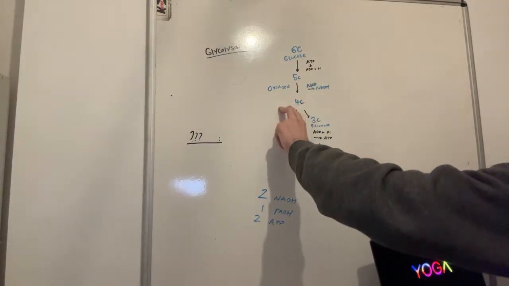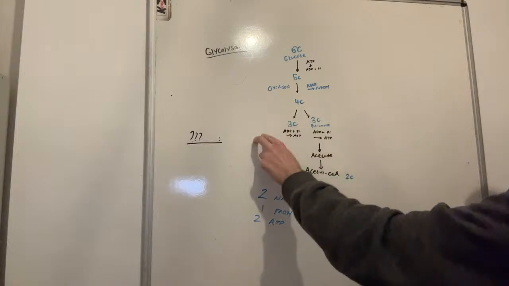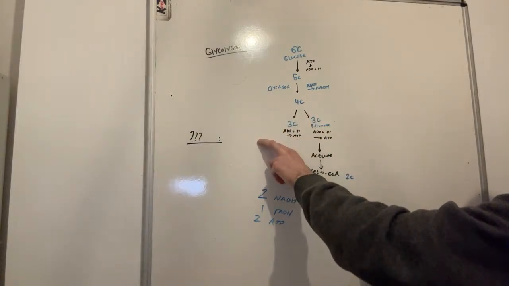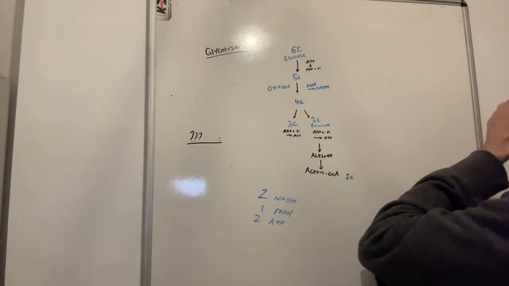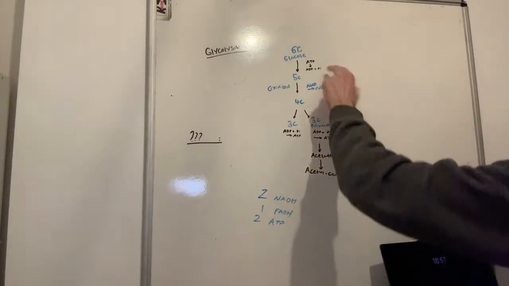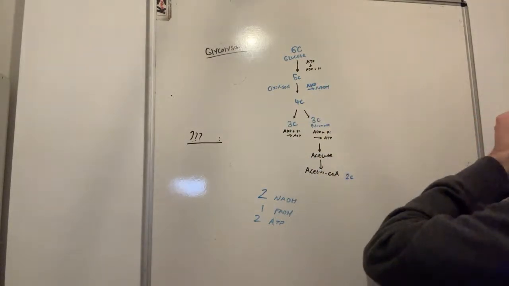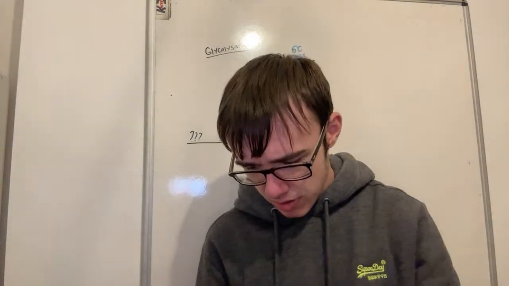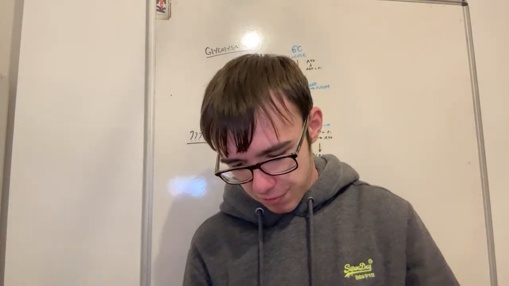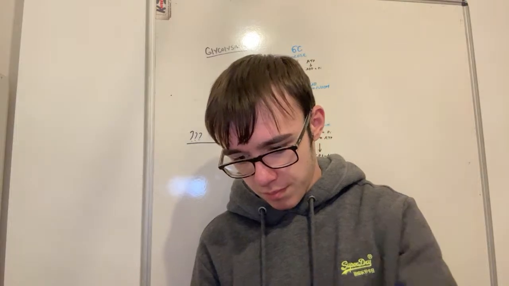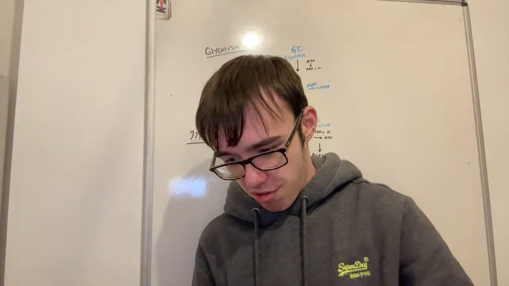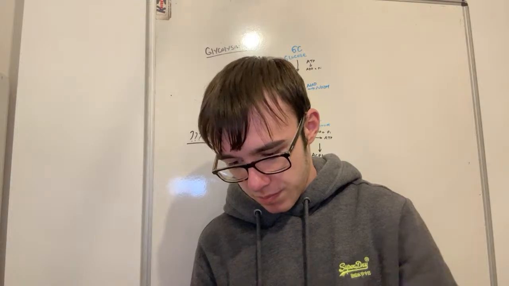It then splits into 2 3-carbon compounds. It's the investment stage, so 2 ATP minus 1 ATP net product. I'm missing something here. I feel like I'm missing something for glycolysis, and I want to know what.